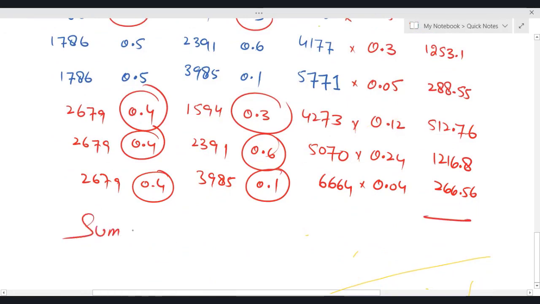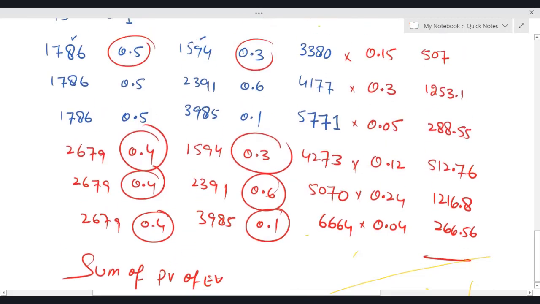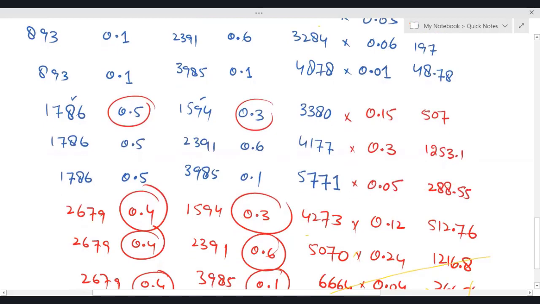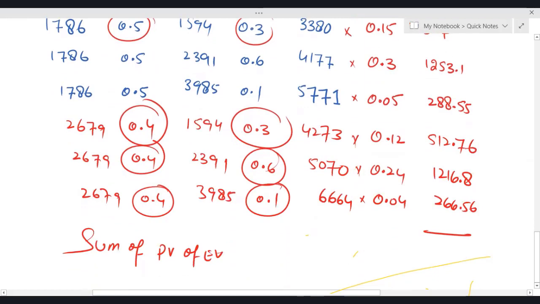You will have the sum of present value of EV: $74.61 plus 197 plus 48.78 plus 507 plus 1253.1 plus 288.55 plus 512.76 plus 1216.8 plus 266.56.